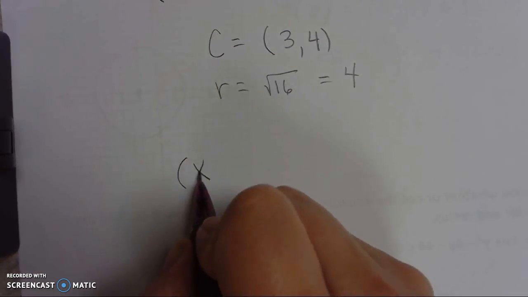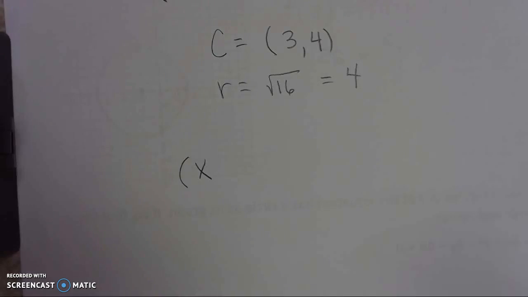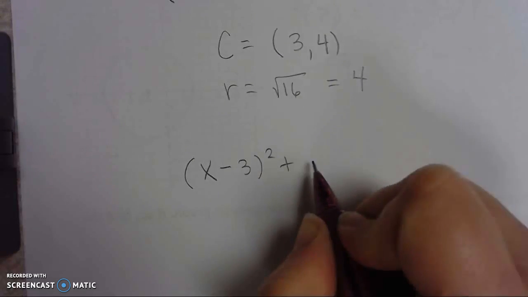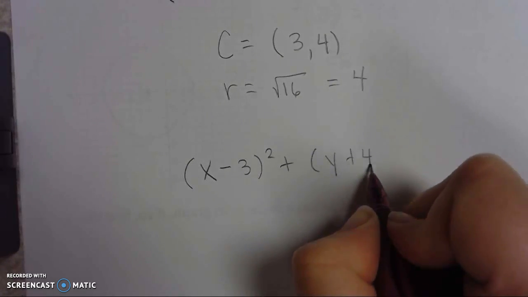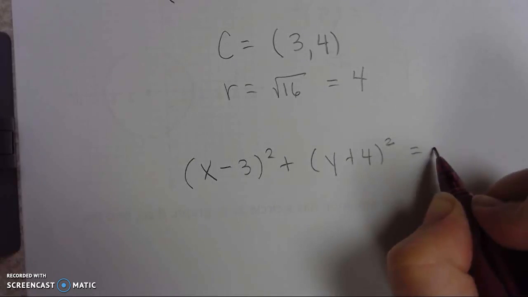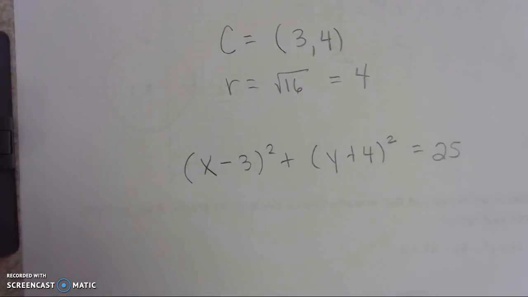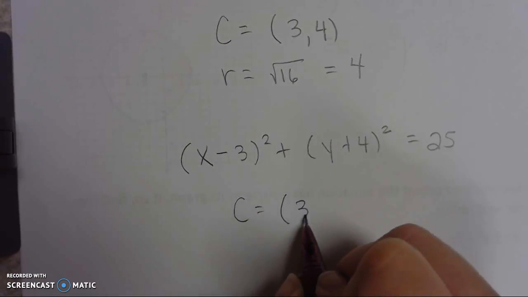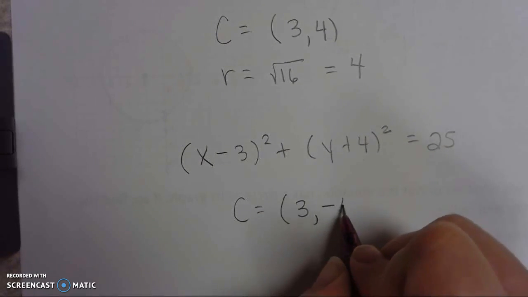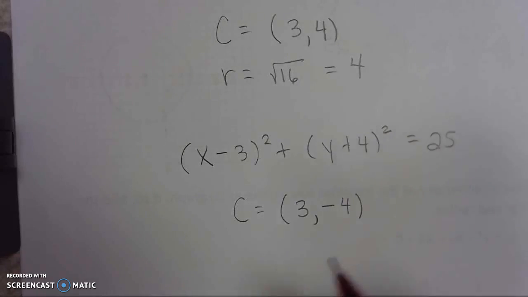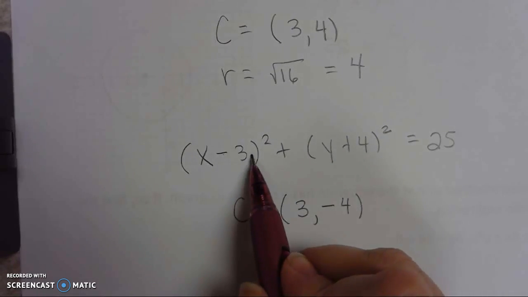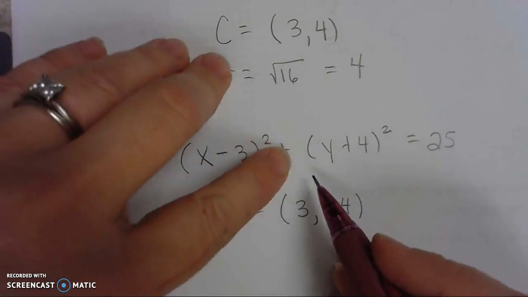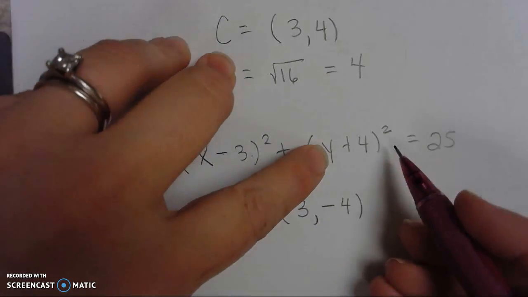Then let's say we have x minus 3 squared plus, this time, y plus 4 squared equals 25. The center will be at 3, negative 4, because remember this is x minus h, so here's h, and then this is y minus k.